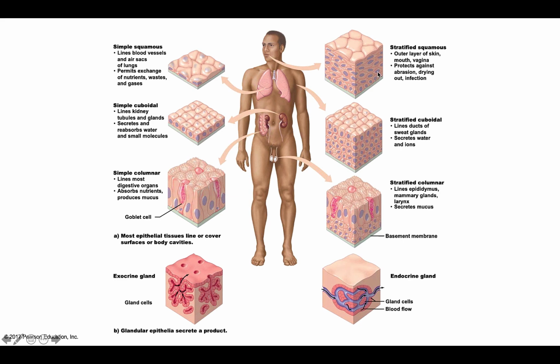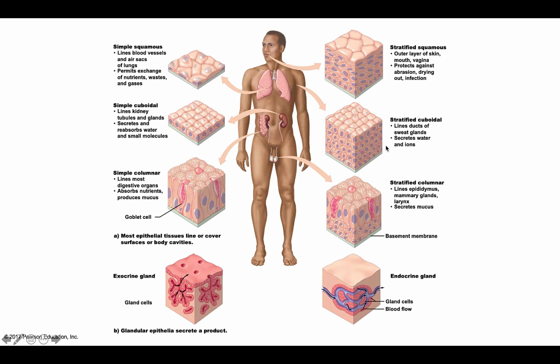Stratified squamous will be the outer layer of the skin, so we need multiple layers just in case damage happens, like sunburn. And then also we have multiple layers because they're all dying as they move to the surface, and so they're just shedding old layers off and providing new layers underneath. And this is a protection mechanism against abrasion, helping your skin from drying out, keeping it moist.